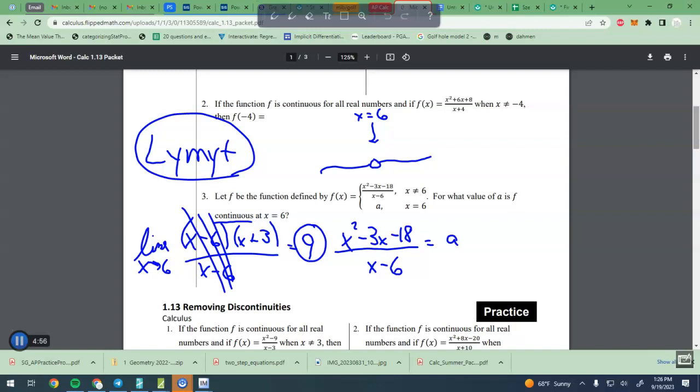Check it. How can you find y values? Limits.